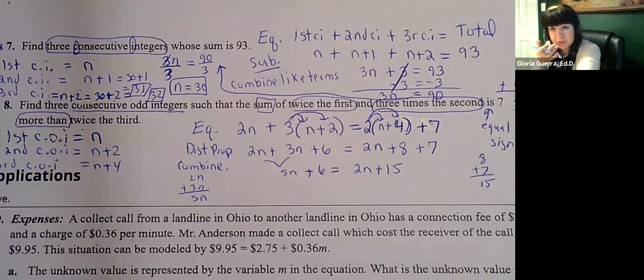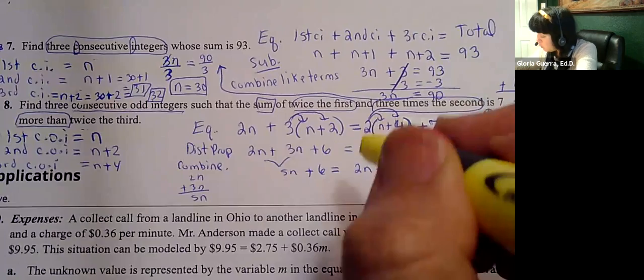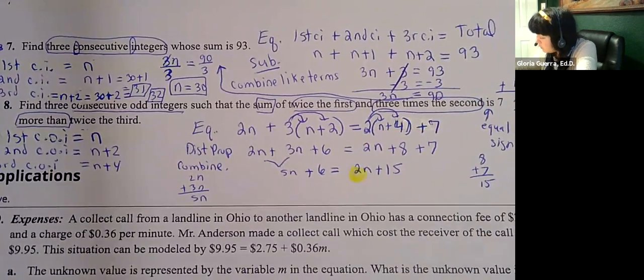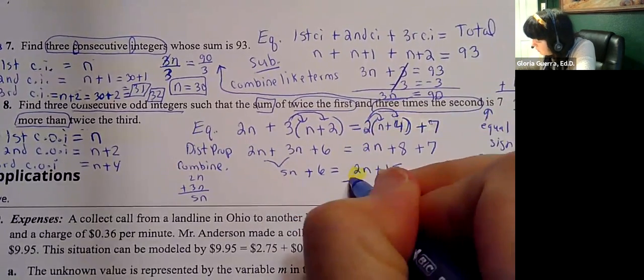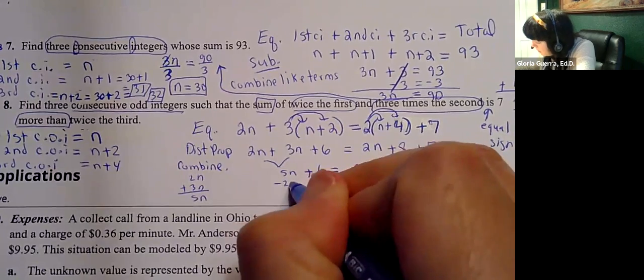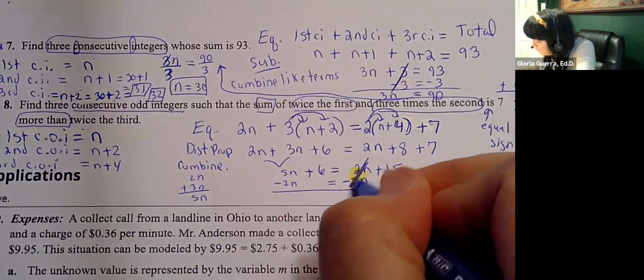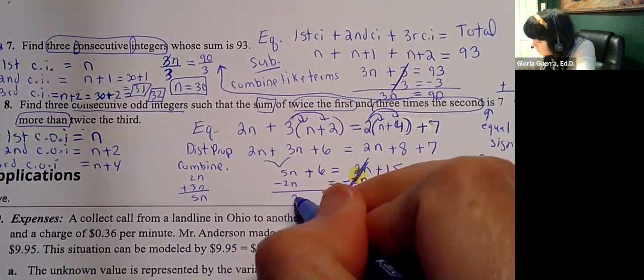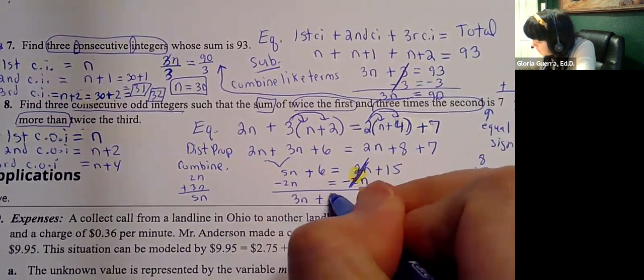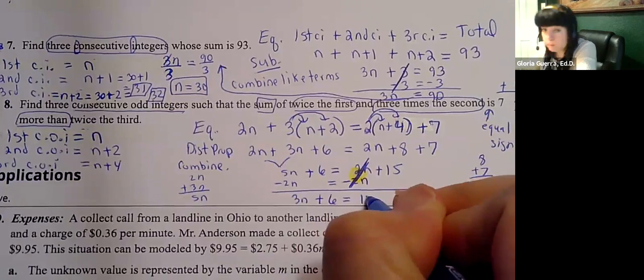I'm going to have to use the addition and subtraction property twice, one on the variable terms and one on the constant terms. So first I'm going to move the 2n over. I'm going to subtract 2n, and then these are going to fall out. So 5n minus 2n is 3n plus 6 equals 15.